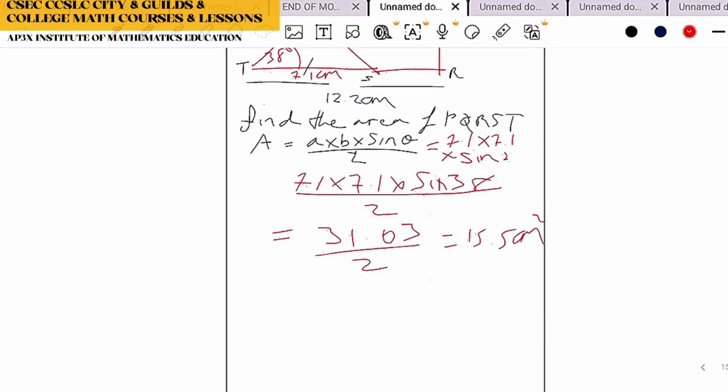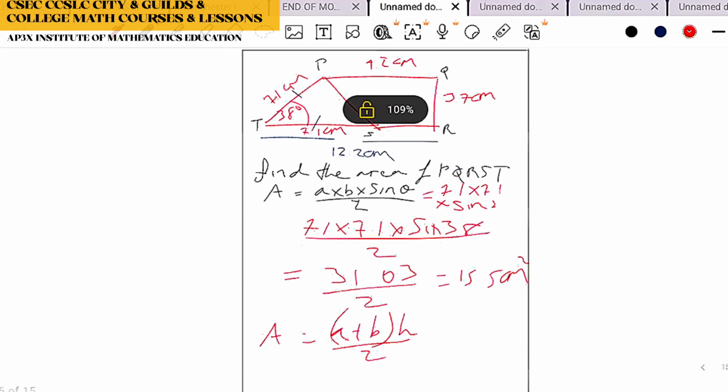A plus B times H. So here is equal to A plus B times H divided by 2. And what are you doing here? You're finding the area of the shape that is attached to the triangle. Is that what you're doing? Yes, sir. And how can you confirm that this is a trapezium? Because of the shape. All right, good.